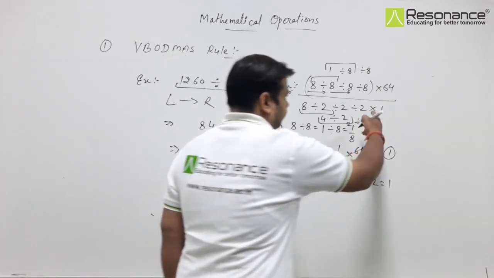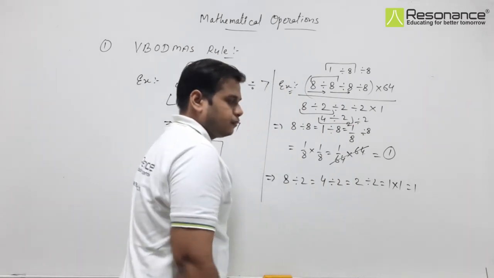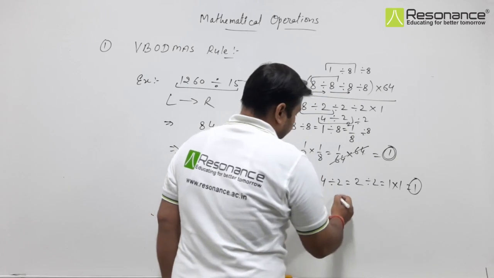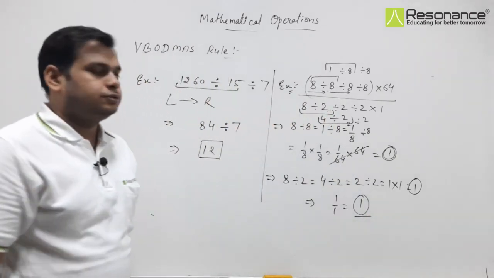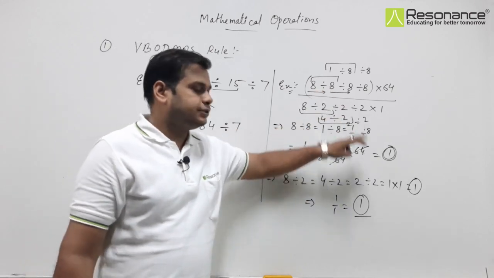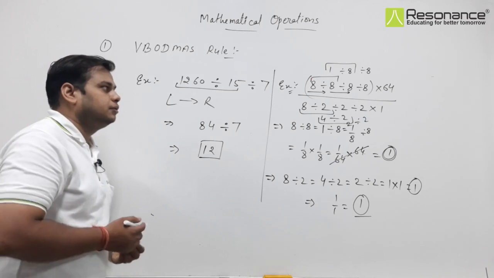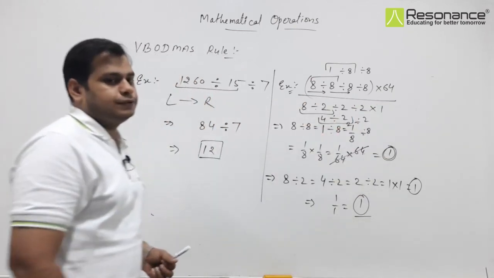And 1 multiply by 1 will give us 1. So denominator is also 1, numerator is also 1. So 1 upon 1 can be written as 1. So the answer of this equation is 1. So this is how we have to solve. When we have division in sequence, we have to solve from left to right, always remember this.